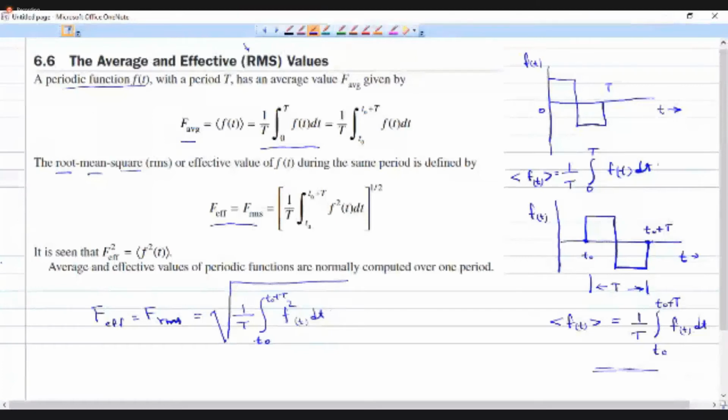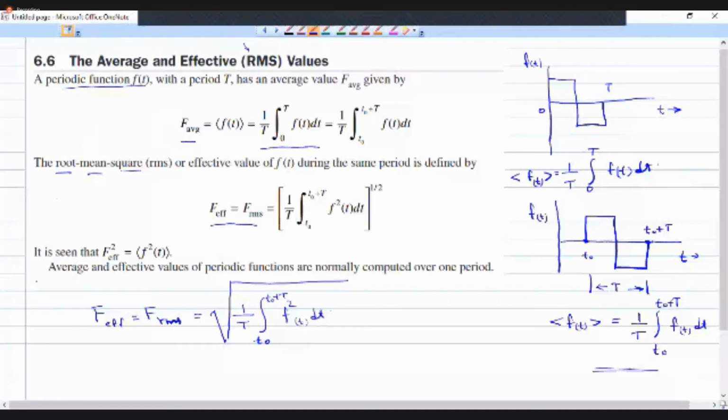Now, coming to this point, I will explain this. The average and effective values of periodic functions are normally computed over one period, because the cycles are repeating and you don't have to take more cycles. Even if you take 2 cycles and evaluate the average value or the RMS value, it will yield the same value, only with some additional computation.